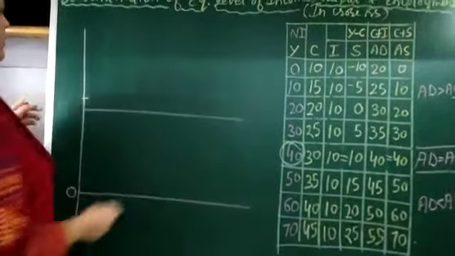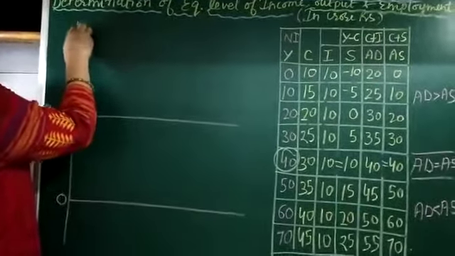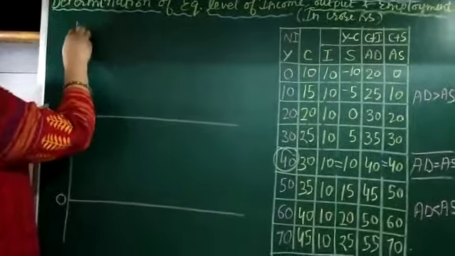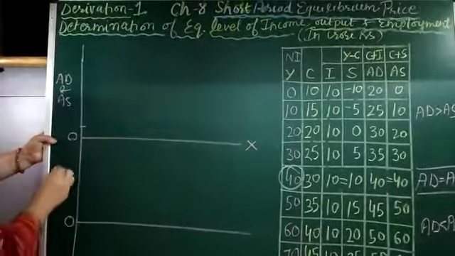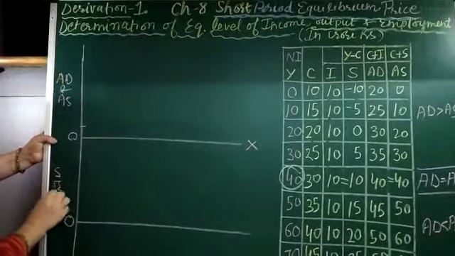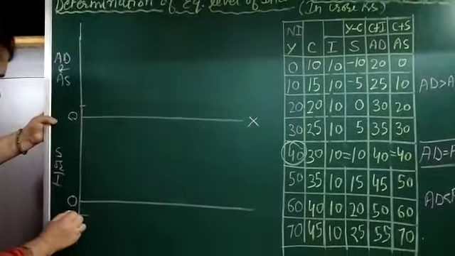Let us convert this schedule into a graph. Aggregate demand and aggregate supply are shown on the upper panel of the diagram, and saving and investment on the lower panel of the diagram.